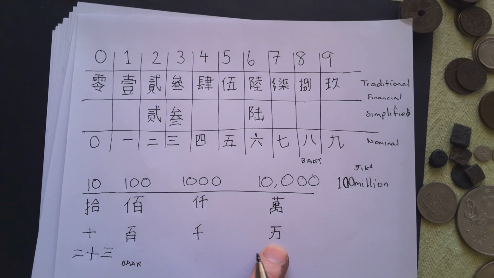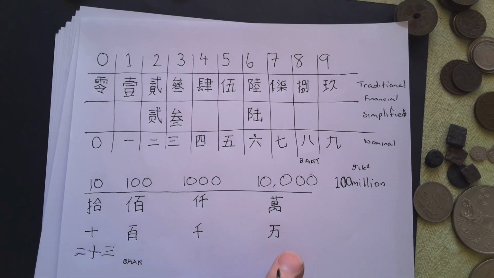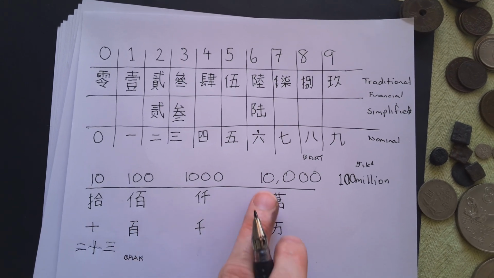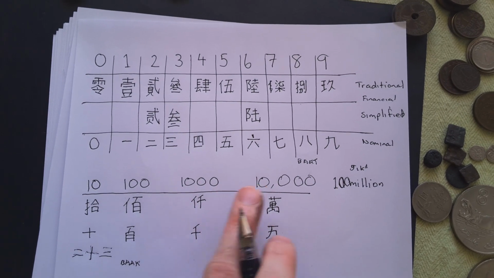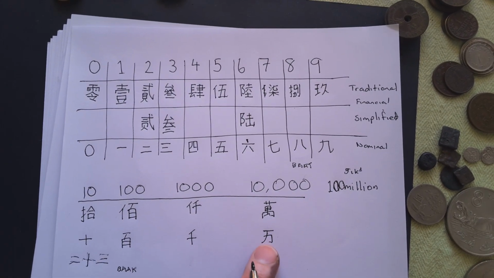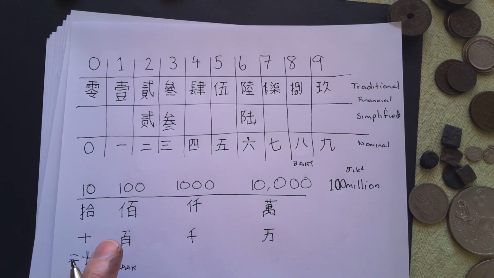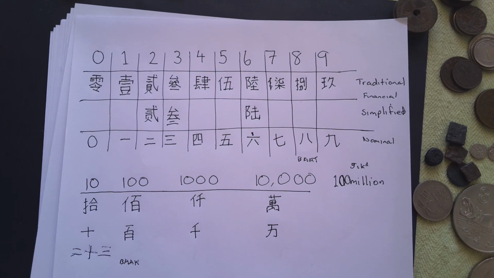To make a million you need 100 of 10,000. So 100,000 is 10 man, because it's 10 times 10,000, and 1 million is 100 man. That's basically how you use it.